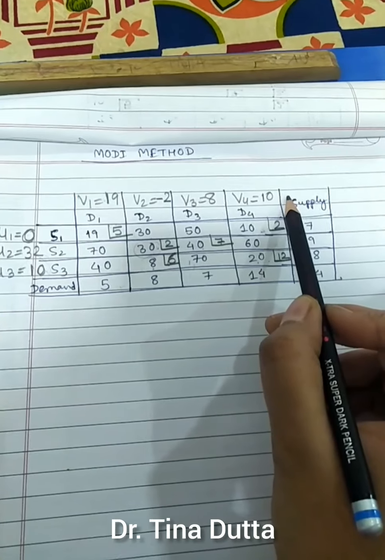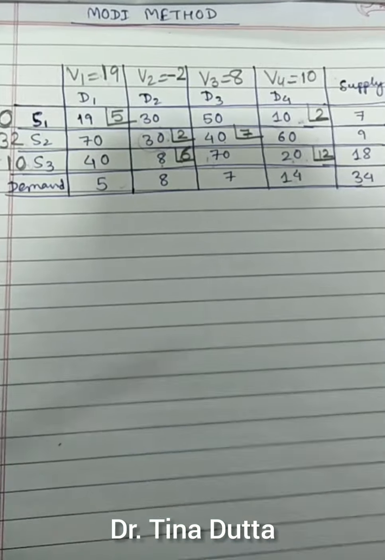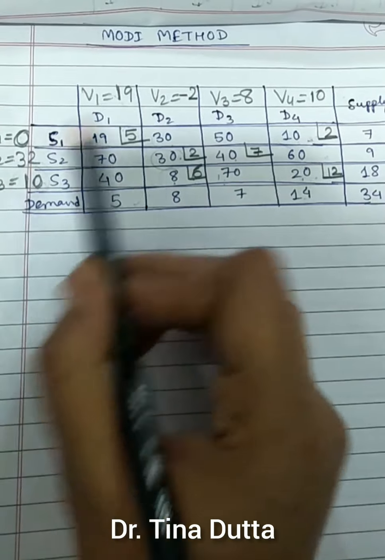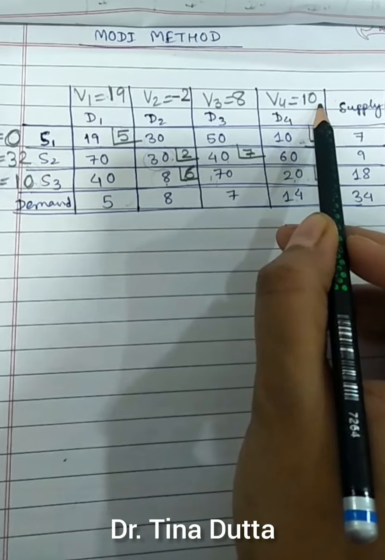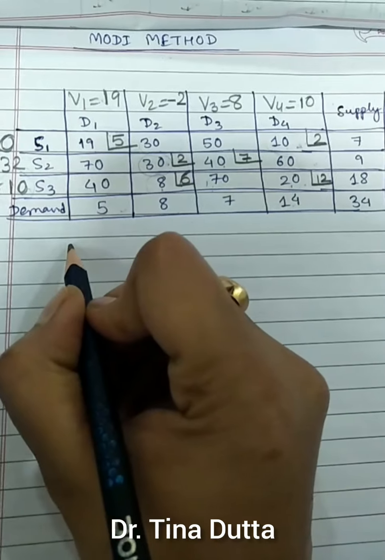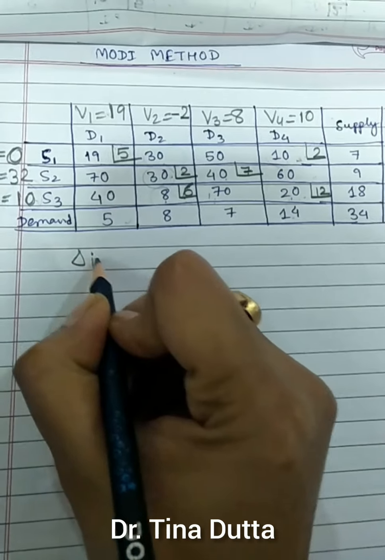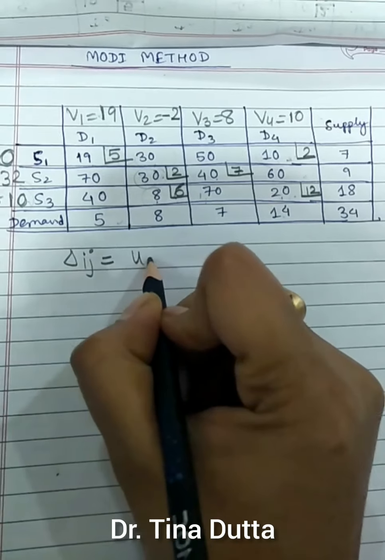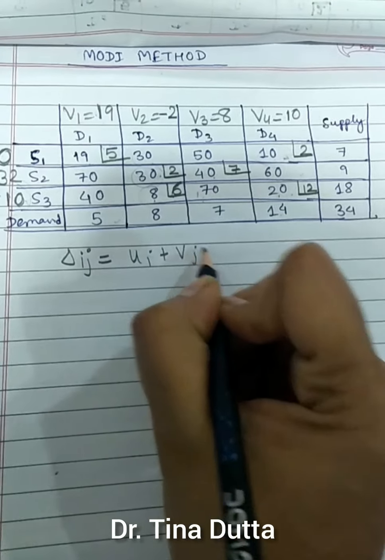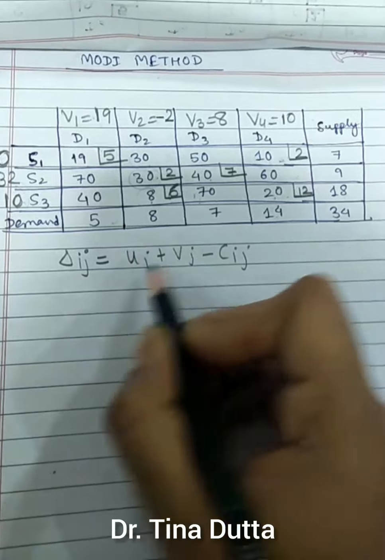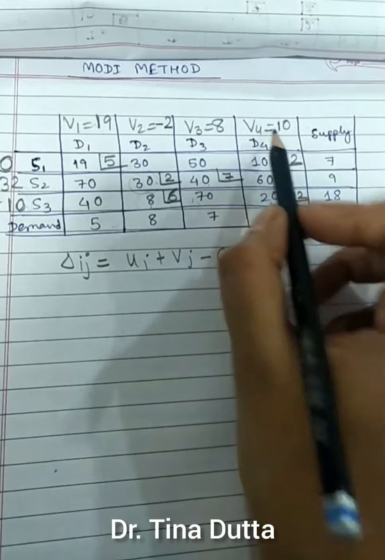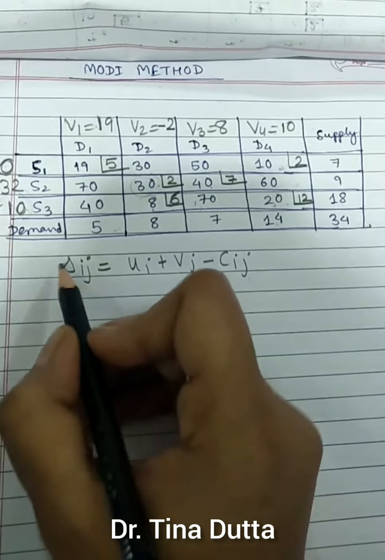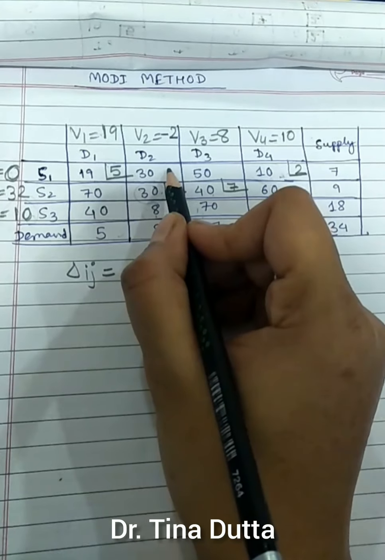Then I will calculate delta IJ. Now for the new allocation, when I have already calculated UIs and VJs, I will now calculate delta IJ, that is the opportunity cost associated with each unoccupied cell. Delta IJ is equal to UI plus VJ minus CIJ. UI VJ values are already calculated. CIJ is the cost of that IJth cell. So the first unoccupied cell is this one.